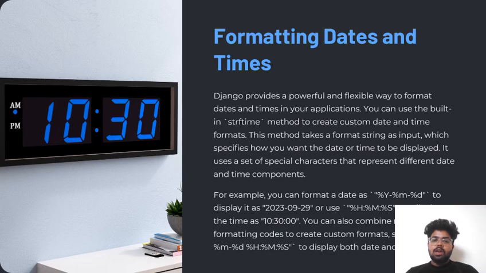For example, you can format a date using years, months, and date to display it as 2023/9/29, or use hours and minutes to display the time as 10:30. You can also combine formatting codes to create custom formats that display both date and time.